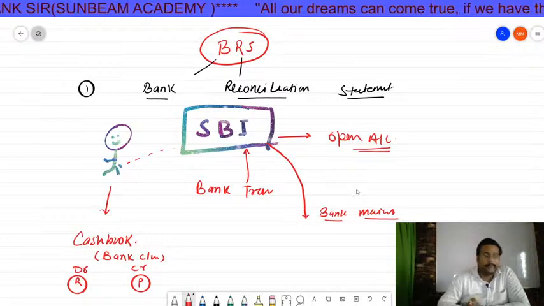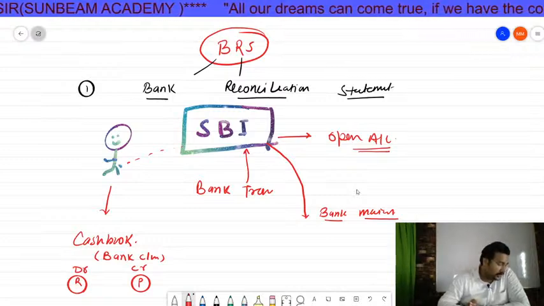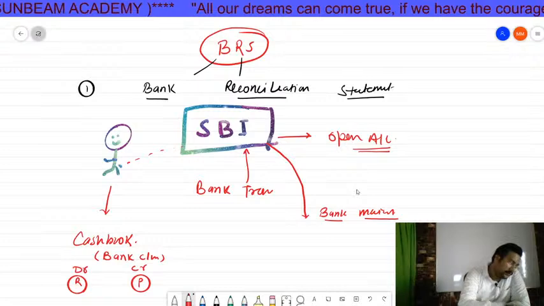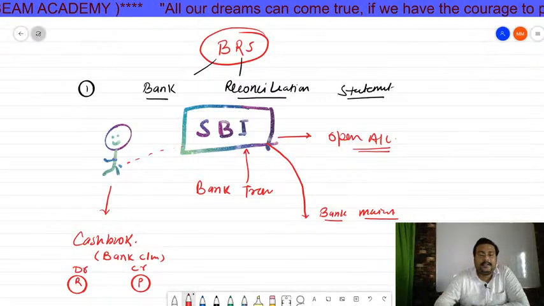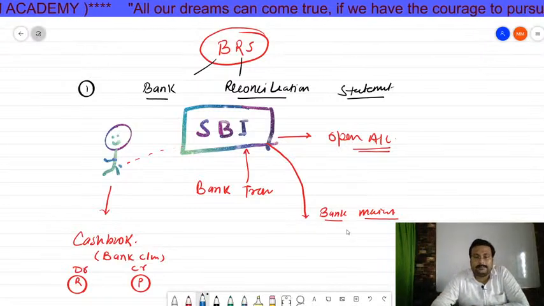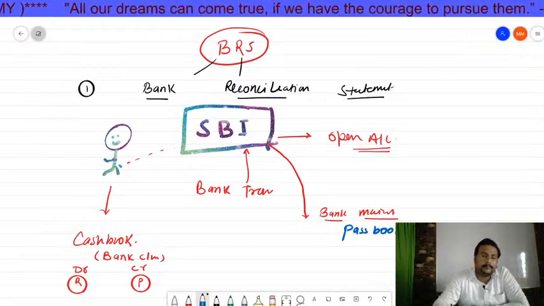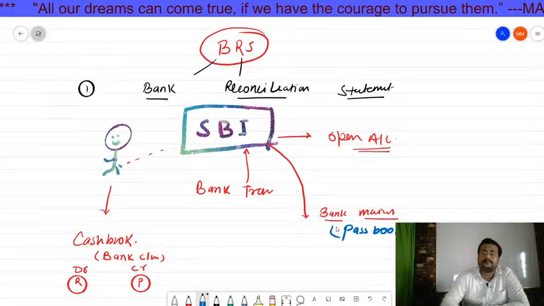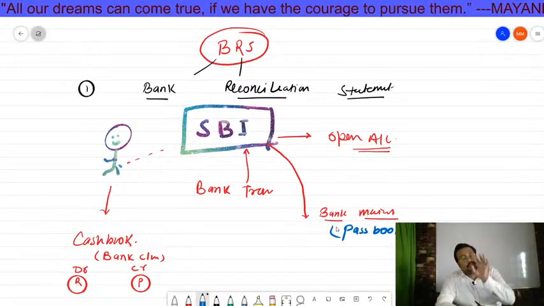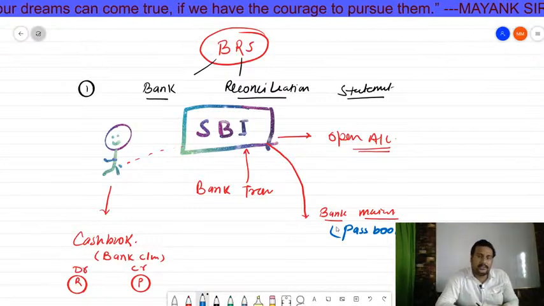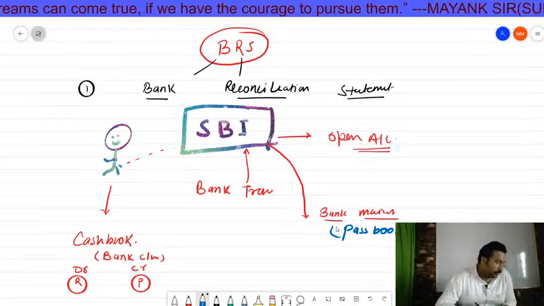That the bank also maintains. Yeah, very good, Shivam. Very good. It is what, bacha? It is passbook. Bank also maintains the transactions, but in the passbook.